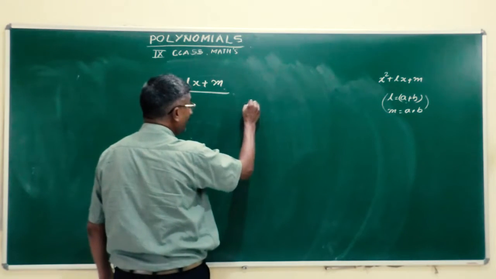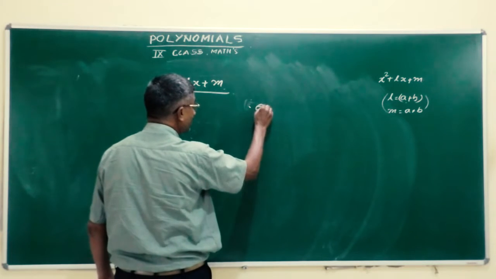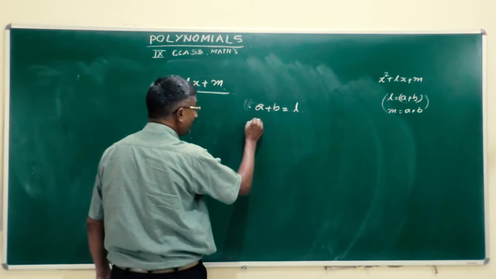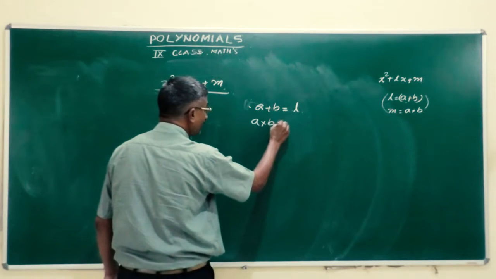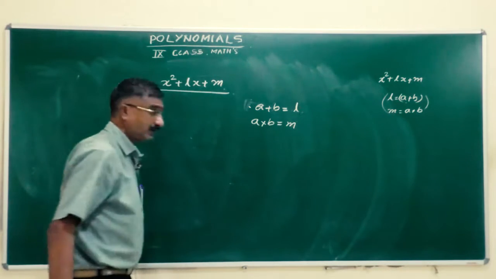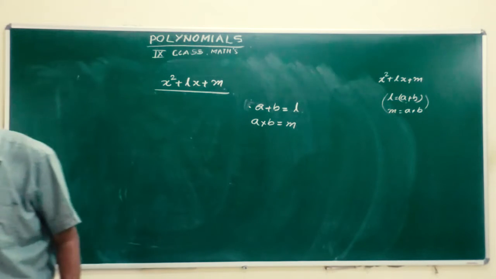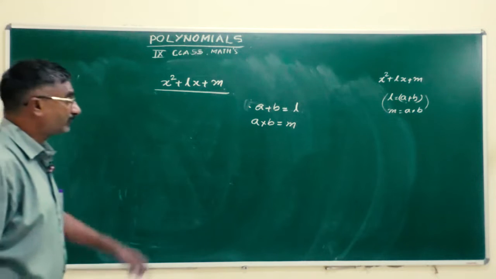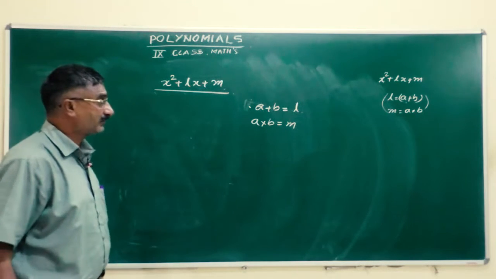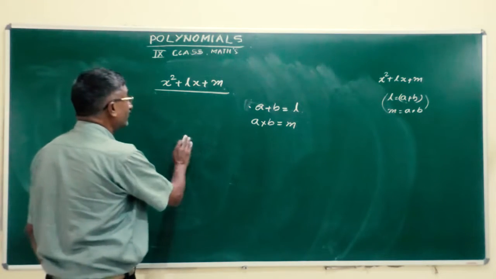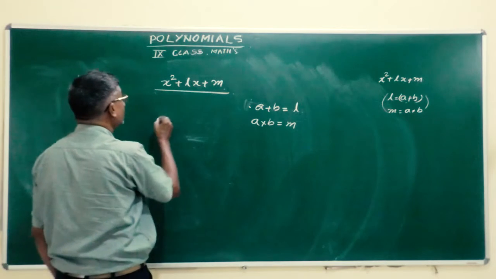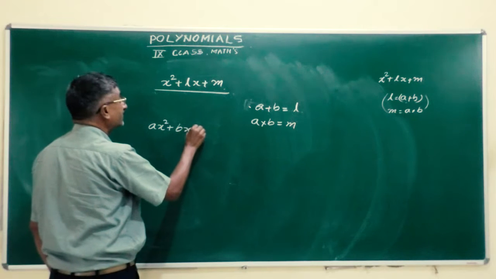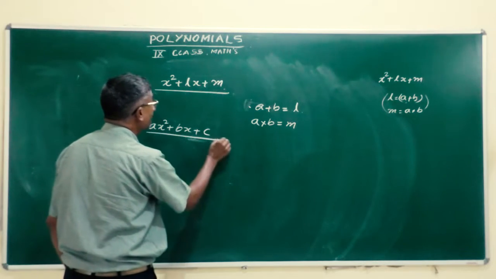Here a plus b is equal to L, and a cross b is equal to m, means the product of the two will be equal to m, and a plus b is equal to L. So we know the quadratic equation ax square plus bx plus c is the quadratic equation.